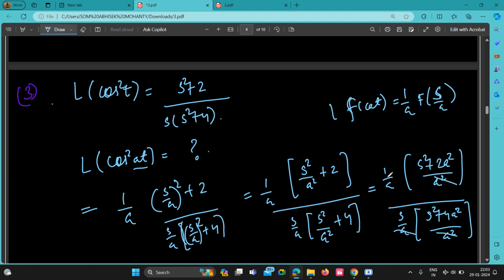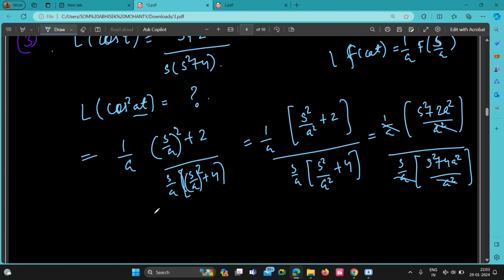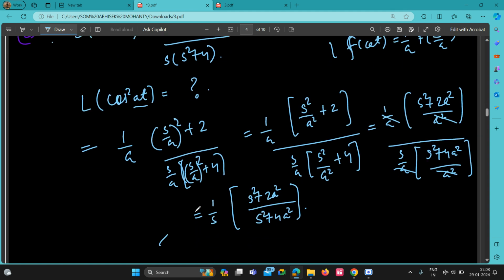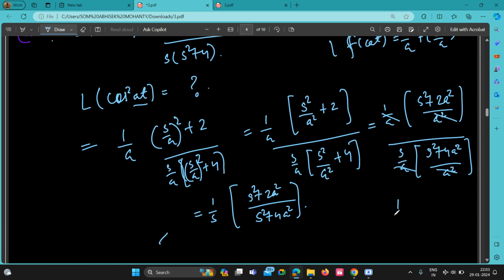Square gone, a cancels. So 1 by (s square plus 2a square) over s into (s square plus 4a square). Yeah, that's it. Got it? I just have to divide s by a.